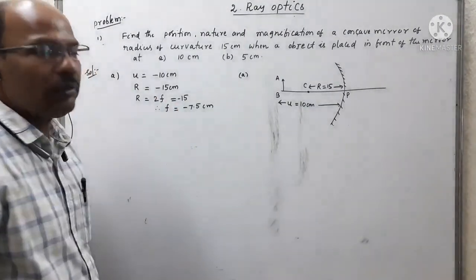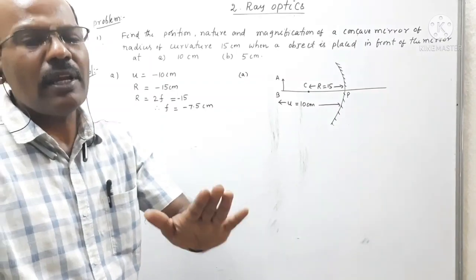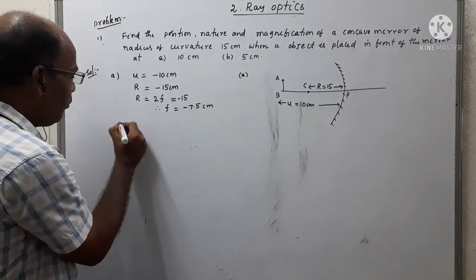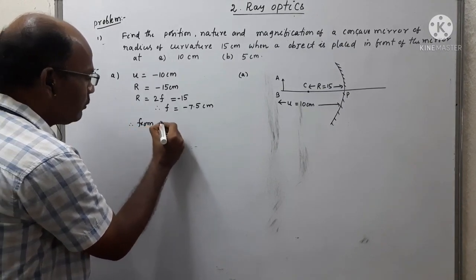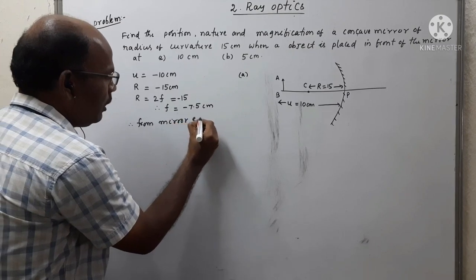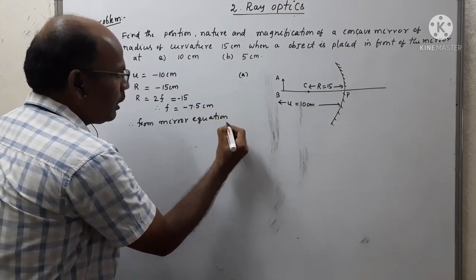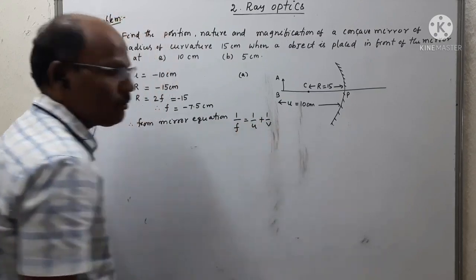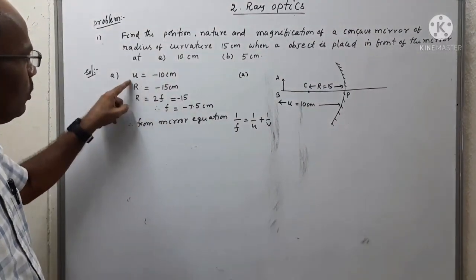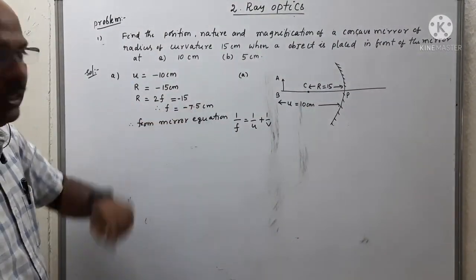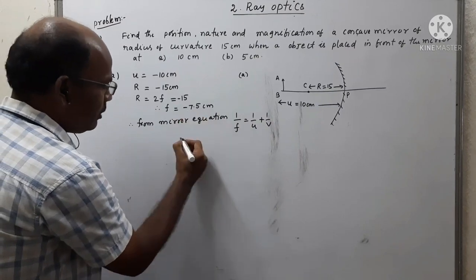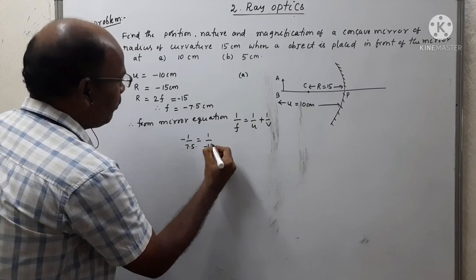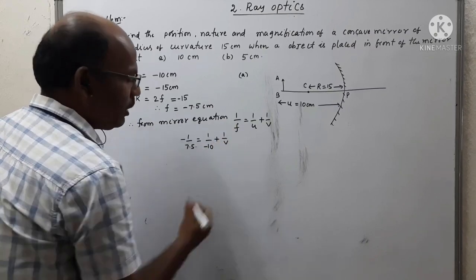So what is the value of v? What is the position of image formed by the concave mirror? So we can write from mirror equation, 1 by f is equal to 1 by u plus 1 by v. So here apply the same convention. u is minus 10 and f is minus 7.5. So we can write minus 1 by 7.5 is equal to minus 1 by 10 plus 1 by v.